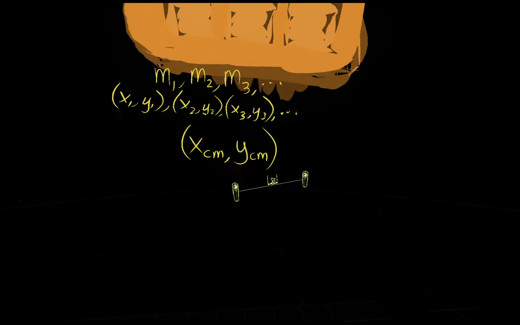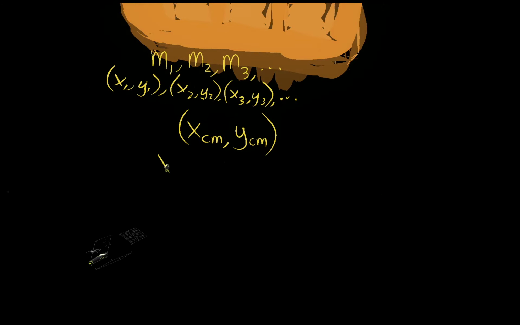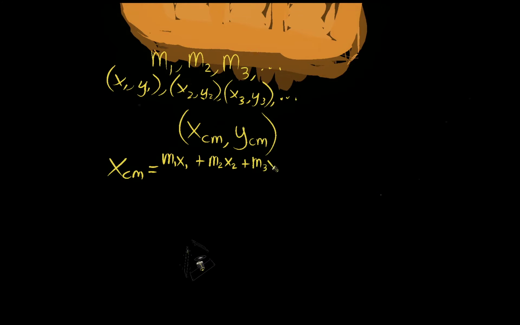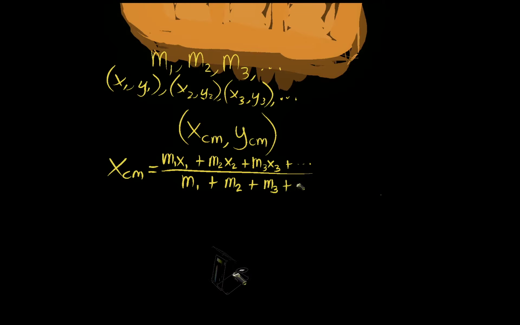And x_cm is equal to m1 x1 plus m2 x2 plus m3 x3 plus dot, dot, dot. And that's all over m1 plus m2 plus m3, the total mass of the system, however many there are.